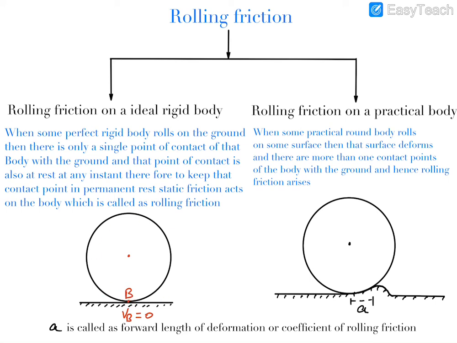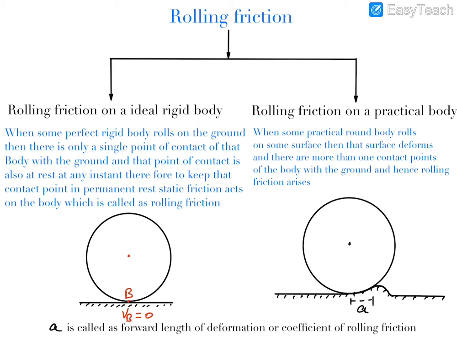Hence the friction acting at this point on the body is static in nature, and that static friction is also known as rolling friction. So the rolling friction we will deal with in our curriculum is the friction acting on an ideal rigid body, and that friction is always static friction.